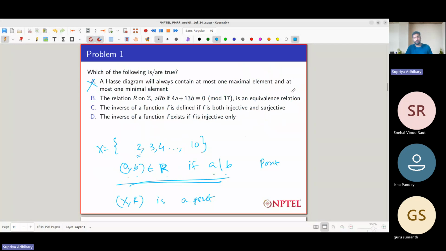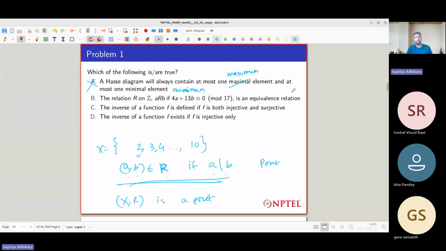But rather, the actual statement should be at most one maximum element and at most one minimum element. Now remember that there is a difference between maximal and maximum, and similarly minimal and minimum.